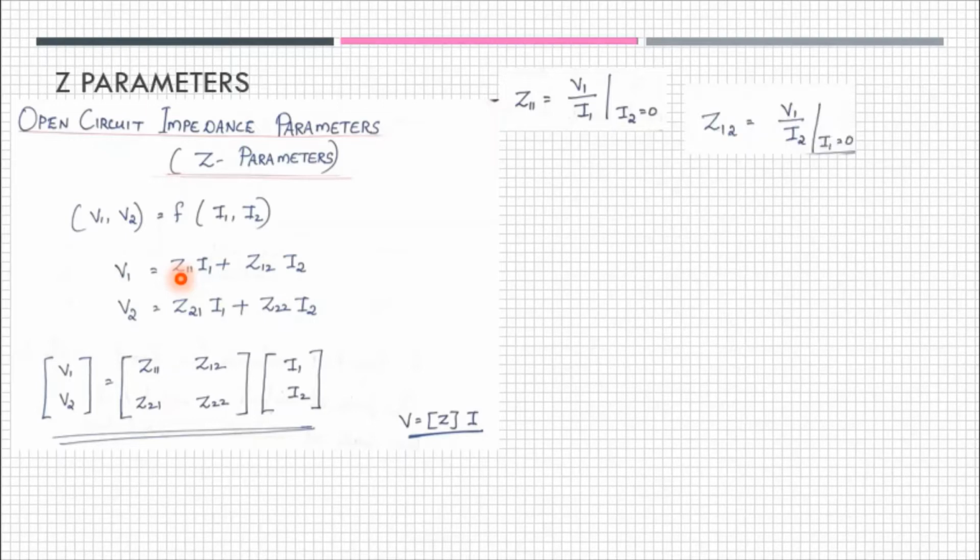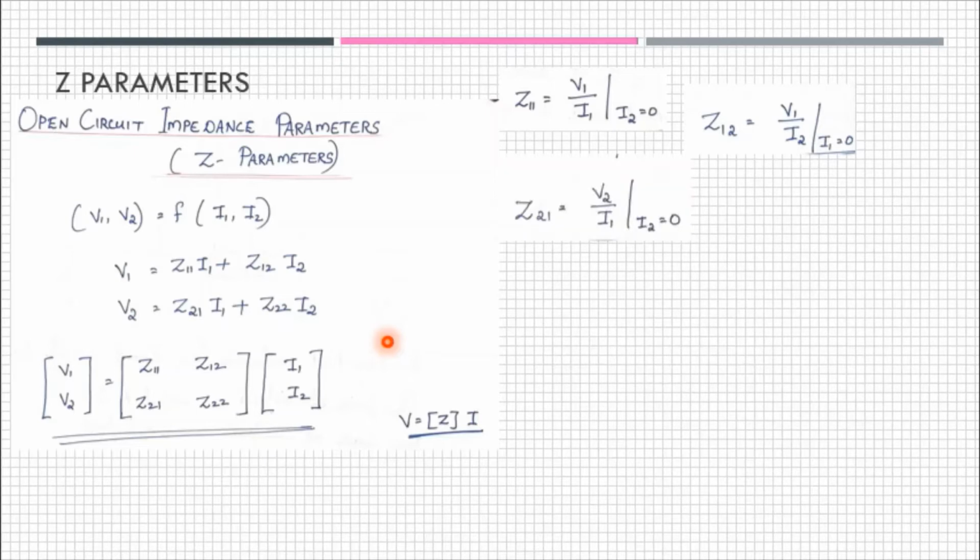Then the next parameter Z12. Z12 from this equation we can write Z12 equal to V1 by I2 provided I1 is 0. Z12 is the transfer impedance with input port open circuited, or it is the open circuit reverse transfer impedance.